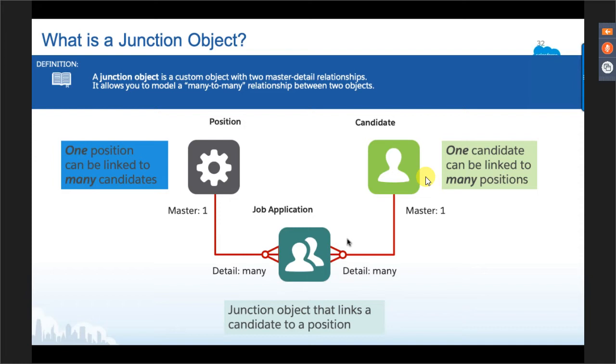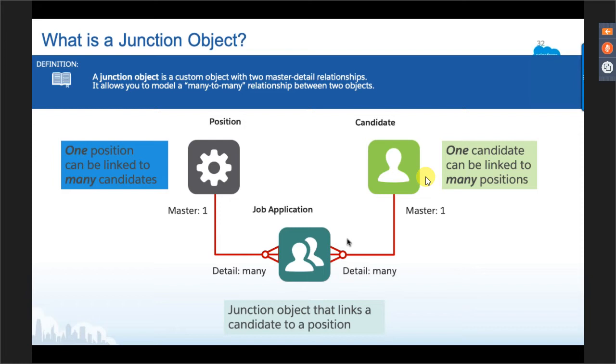If the organization-wide default for position is public read-write transfer or public read-write, and candidate is now public read-only, the more conservative of the organization-wide defaults becomes the master by default. So in that example, candidate would now be the owner of the job application, the more conservative of the two. So candidate would own job application.